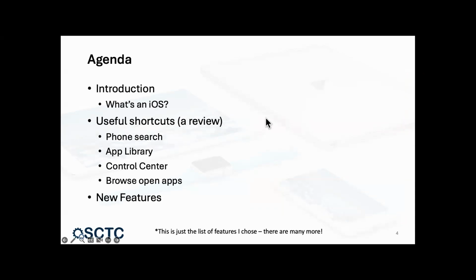We're going to go through some what I call useful shortcuts, and that's a review because it's not new with iOS 18, but these are good things to know. And then we're going to cover the new features. And I always like to break this up into two sections. The not particularly useful but mildly entertaining section. That section, you don't really even have to listen to it if you don't. There's not going to be a test at the end on that section.